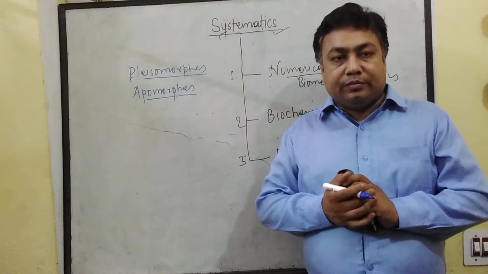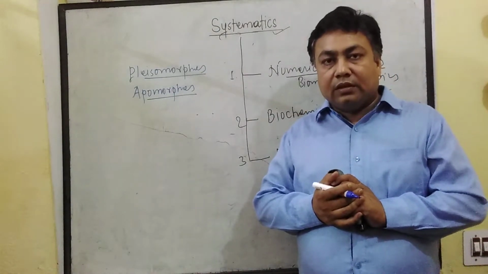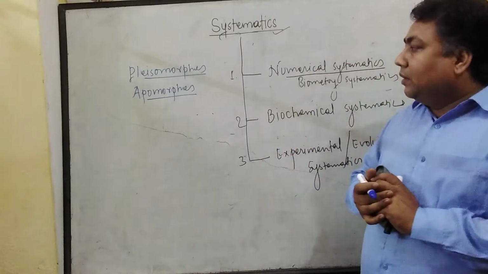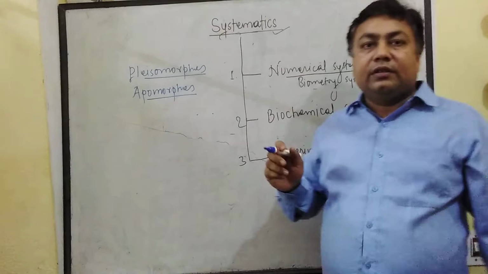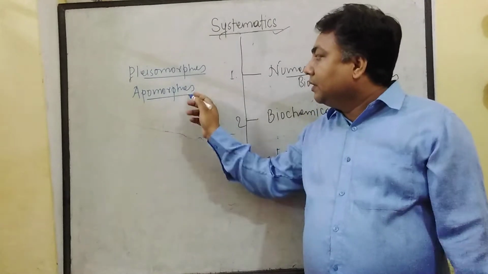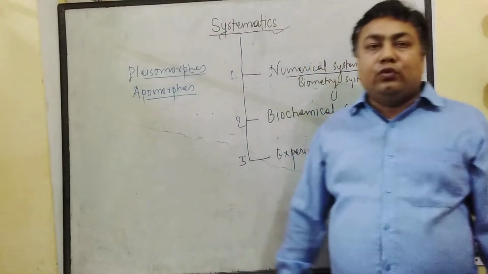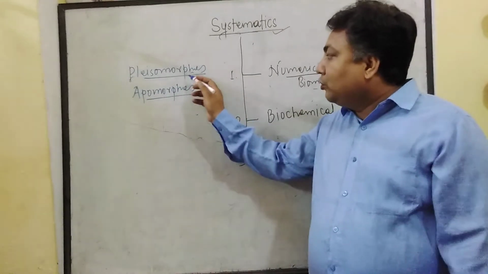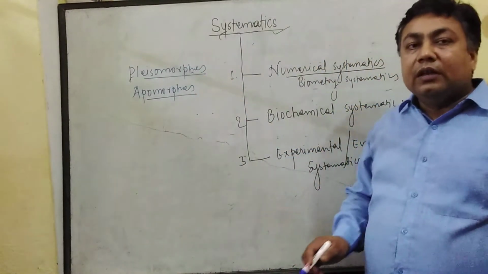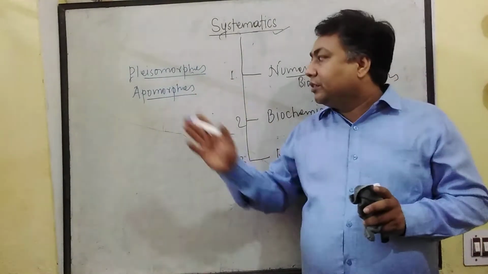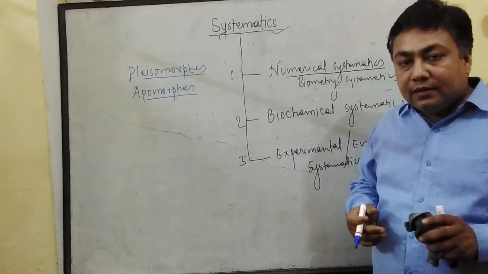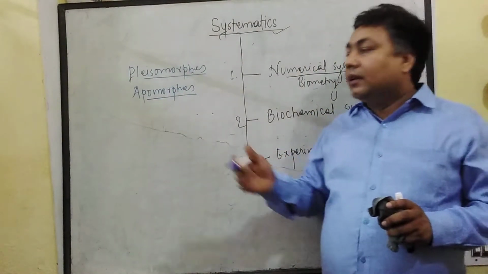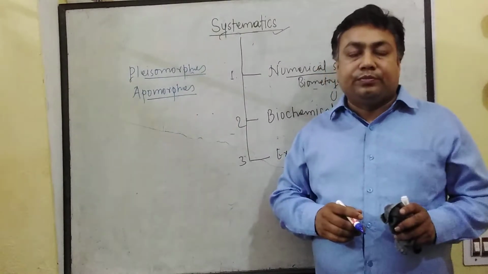Numerical taxonomy is based upon biological characteristics. Biological characteristics have been divided into two parts, plesiomorphous and apomorphous. Shared ancestral characteristics are called plesiomorphous and derived evolutionary characters are called apomorphous.